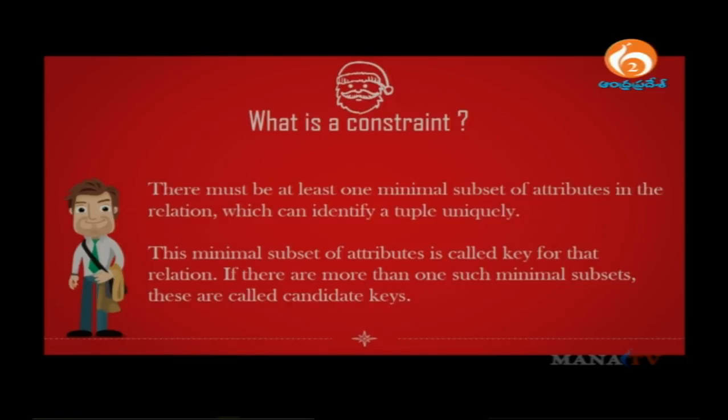Now let me first think about what actually a constraint is. There must be at least one minimal subset of attributes in a relation which can identify the tuples uniquely. Yes, 100% correct.